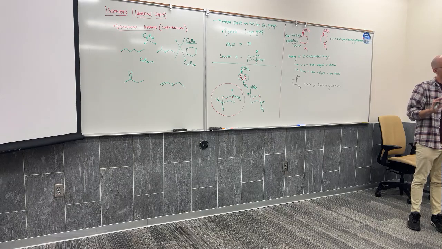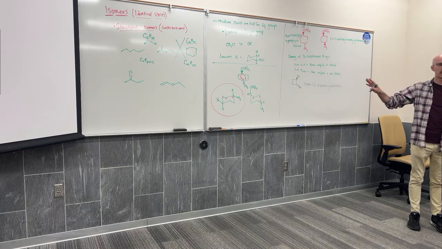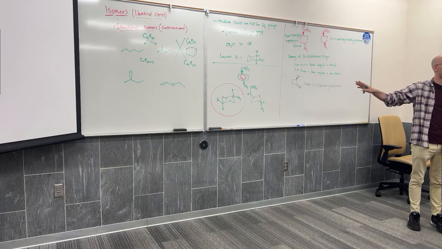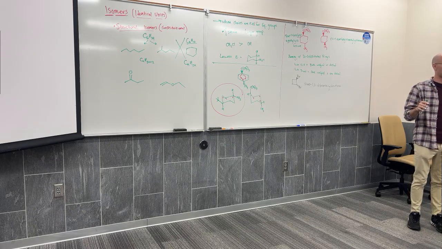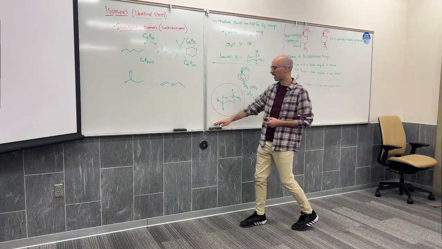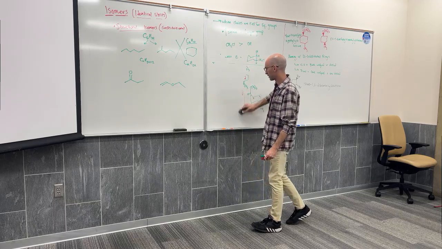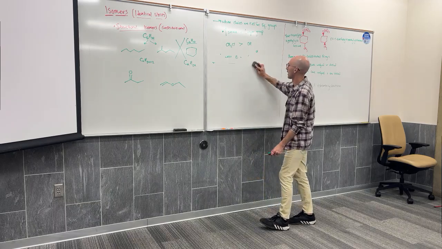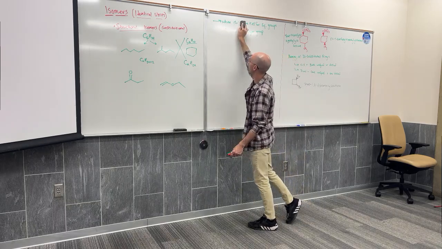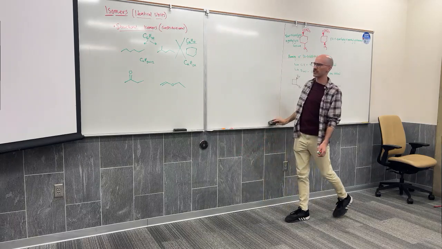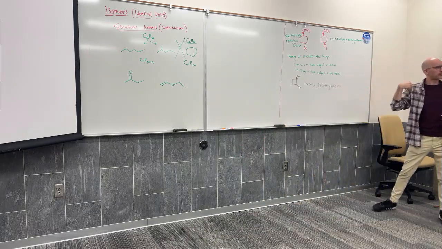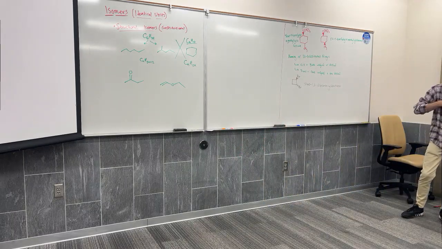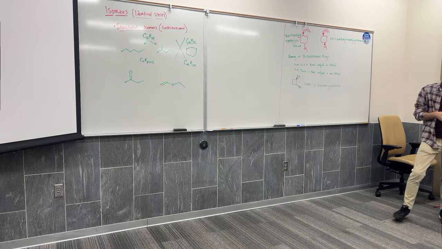Exactly the same. And I know that because they have the same number of sigma bonds, same number of carbons, same number of pi bonds. But they are connected incredibly differently. Sometimes those are referred to as functional class isomers or functional group isomers. But they are really just a type of constitutional isomer, a type of structural isomer.